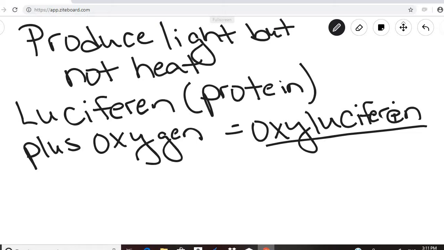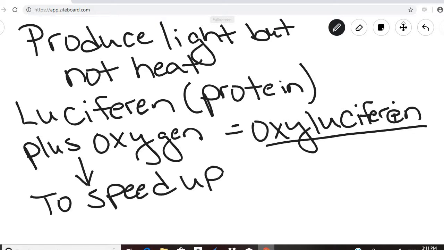So the problem with this is that this reaction happens very slowly, so to speed up this reaction, you remember from chemistry, if you've had chemistry, you use a catalyst.